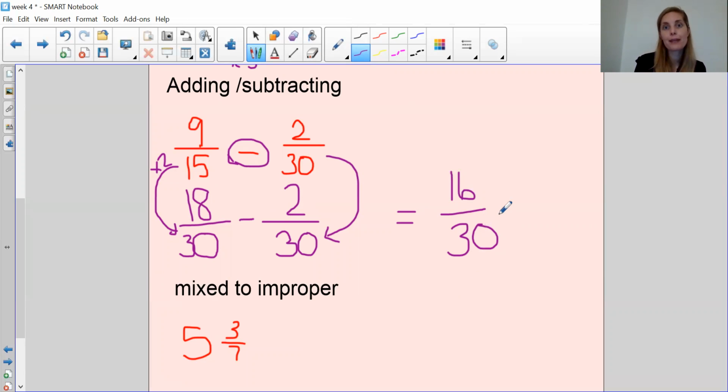Whereas if you had just left it as an improper fraction, or for example, this fraction here, as it is, you would then get the mark. So please do not simplify or change it back into a mixed number if it's from an improper fraction. Just leave it like this.